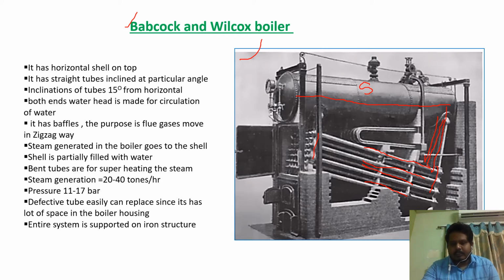Once the fuel burns in the grate, the hot gases flow over the tubes. So hot gases flow like this, so that because of the heat transfer, the water will be converted into steam. Since steam has low density, it will move upward to the upper part of the shell. Okay, this is how steam is generated in the Babcock and Wilcox boiler.